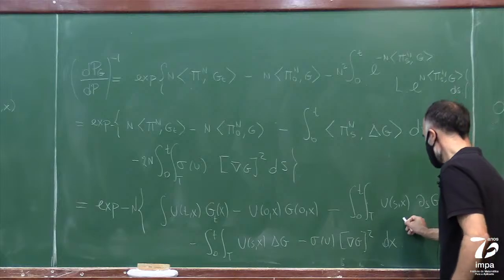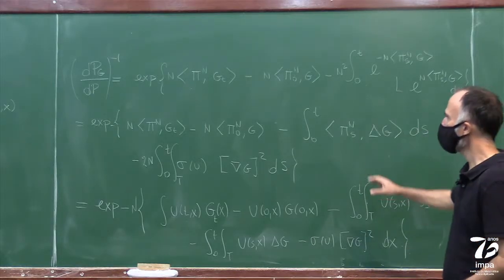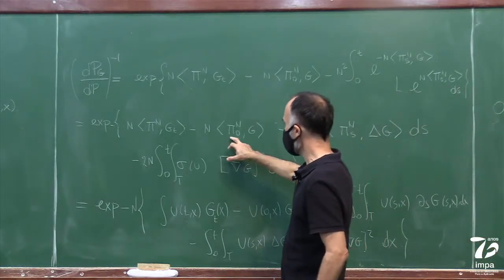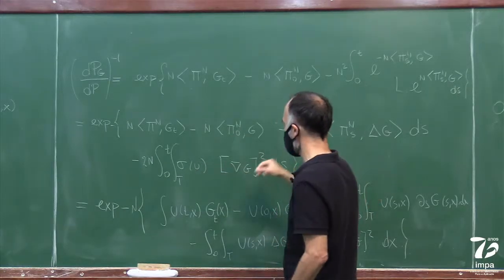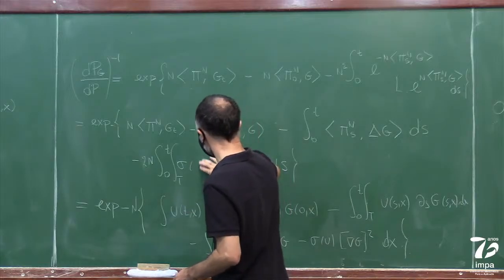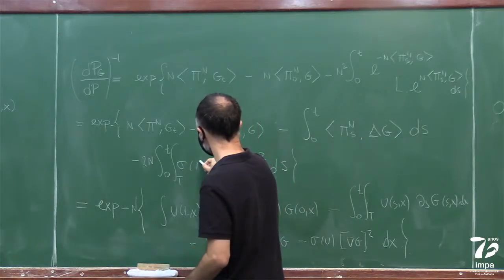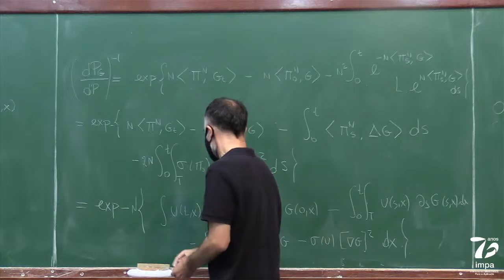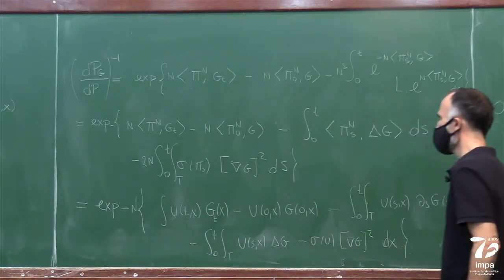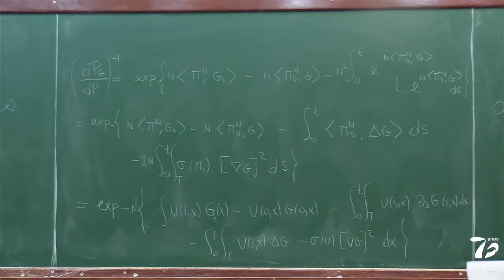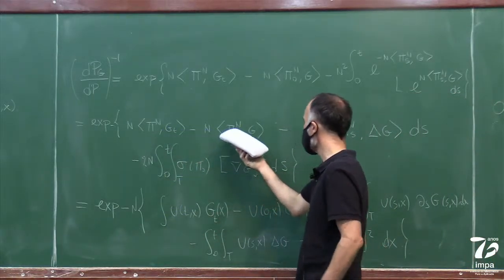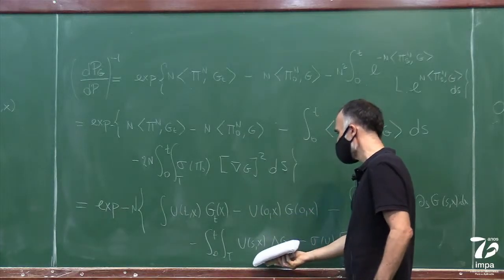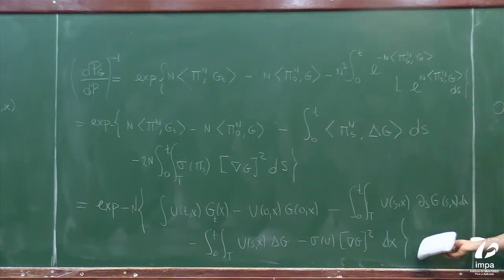This is once I replace pi by u. I had a function of the empirical measure, but now the empirical measure is close to u, so I can replace everywhere the empirical measure by u by paying a small price.